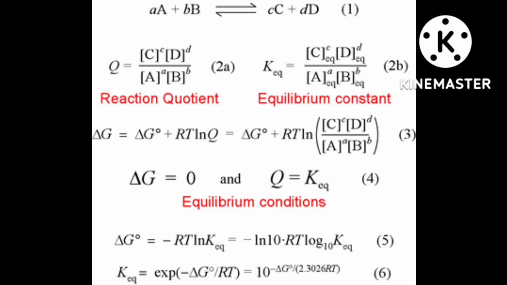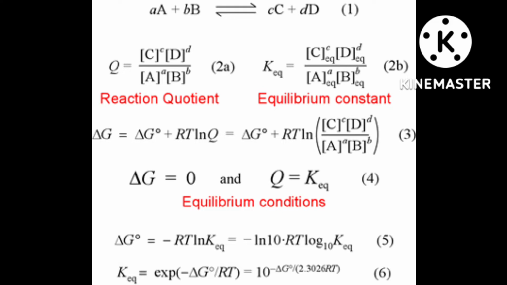Then they will be in dynamic equilibrium, meaning from the reactant side it goes to product, and from product it comes back to reactant, when the difference in free energy of reactant and product is zero, delta G should be zero. Only then can you say equilibrium will take place, and it is called dynamic equilibrium. Don't forget this condition.